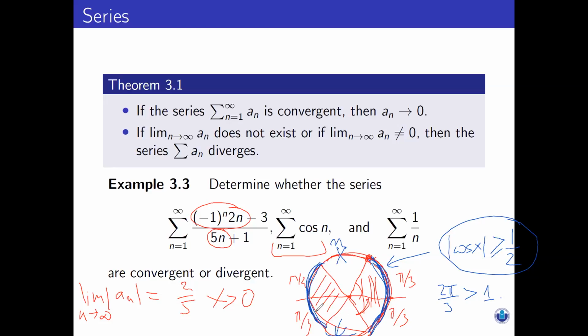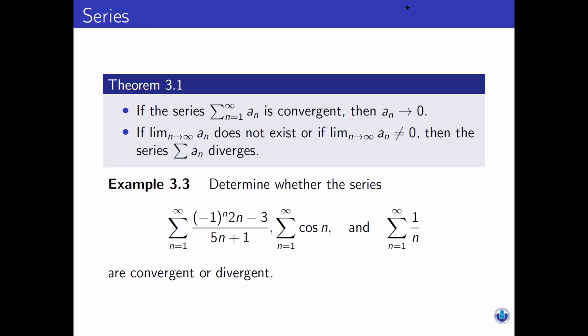And so cosine doesn't go to 0. Or another way, maybe easier for you to understand: suppose cosine does go to 0. We're going to get a contradiction out of this.